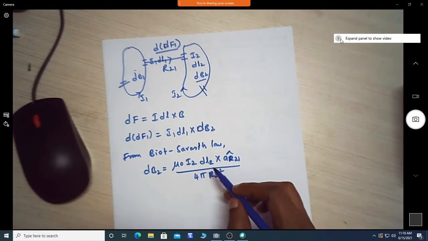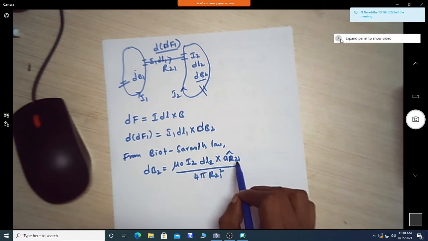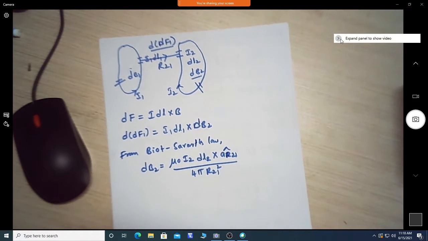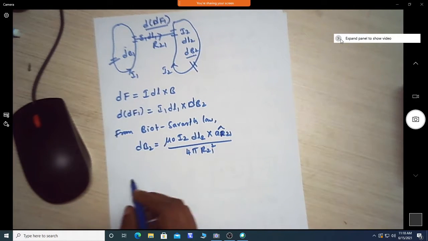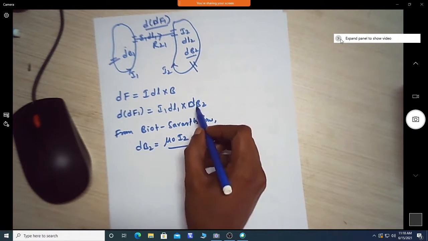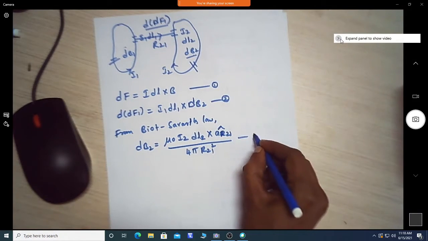We have already seen that B is nothing but mu naught I dl cross aR divided by 4 pi R square, so in terms of dB2 I am writing it here. Now we can replace this dB2 in this equation. Let us take these as equation 1, equation 2 and equation 3.